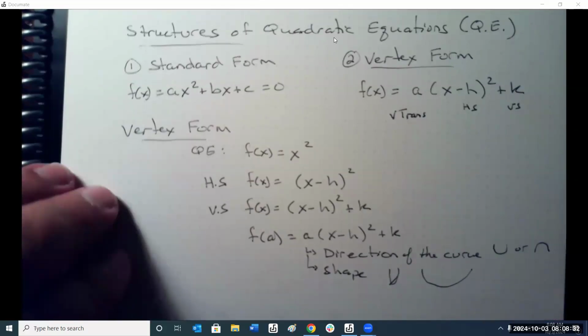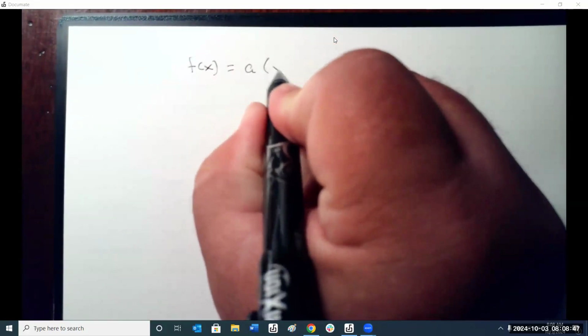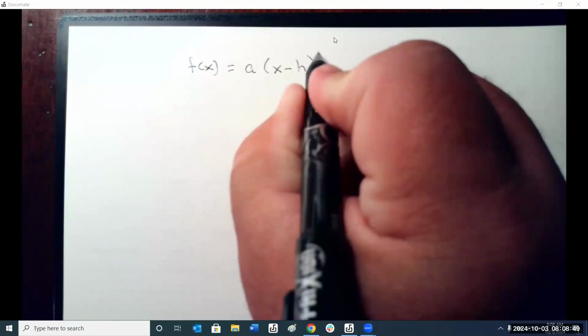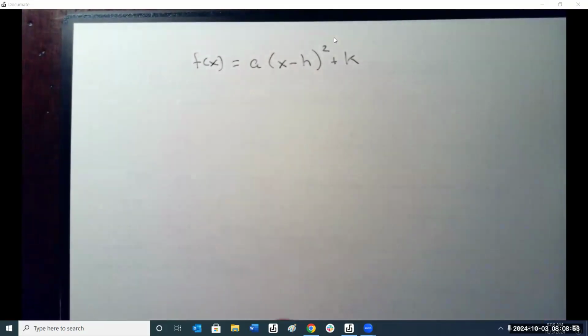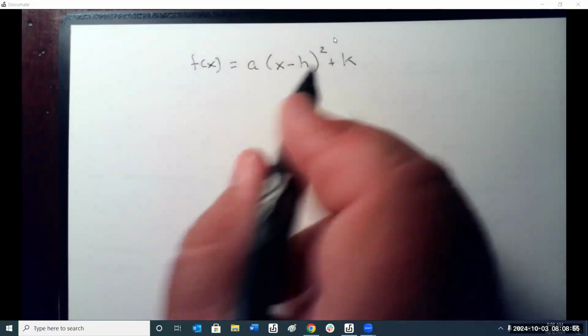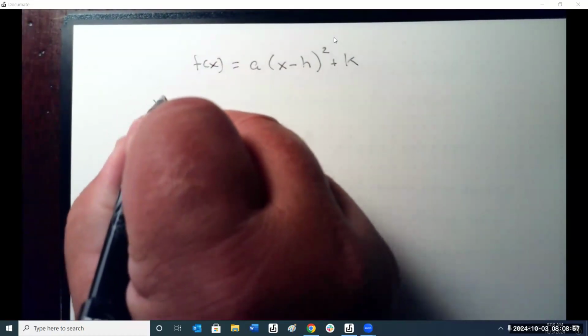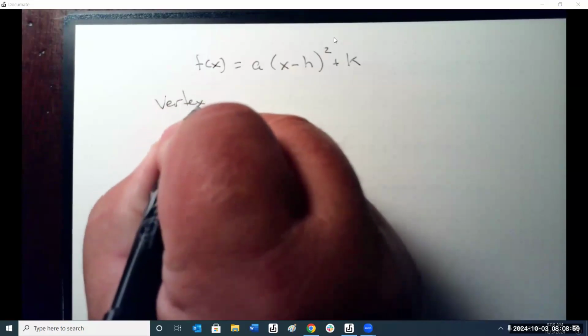Now, inside the vertex form, if we're given it this way, we can tell the vertex.